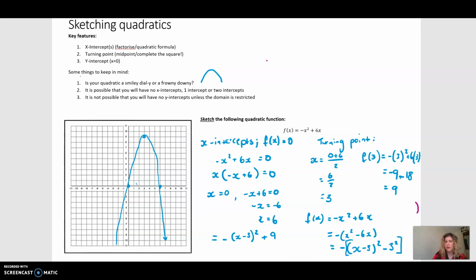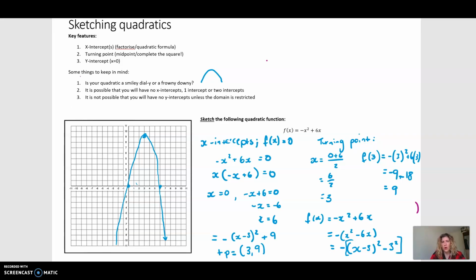Remember that, like when we're factorizing, you always end up with the opposite sign of what's in your brackets. So the coordinates of our turning point are positive 3, positive 9. That's how completing the square works as a strategy to find the turning point.